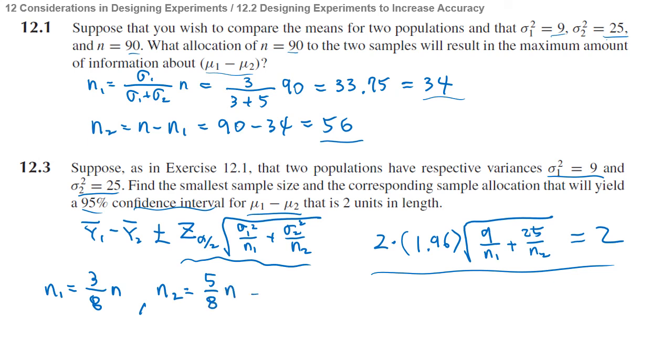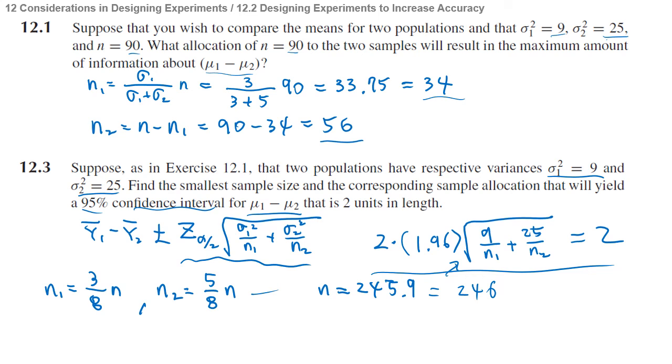So we put this into this equation and solve with respect to n, and you can calculate n is equal to 245.9, and so probably you can take n as 246.